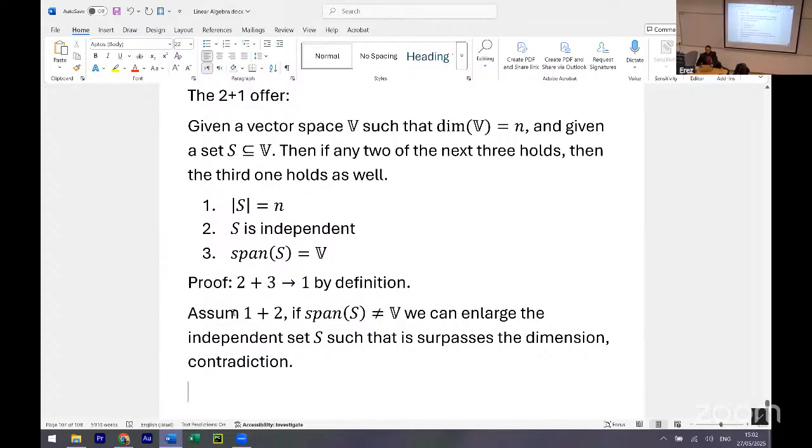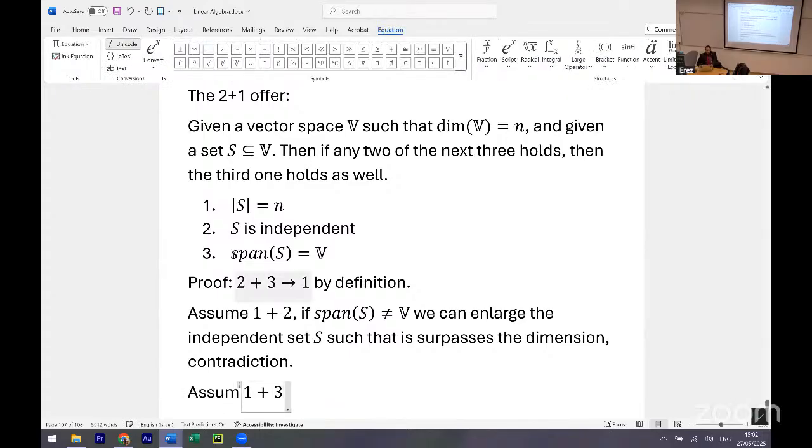And lastly, and it's very similar, assume 1 plus 3. We have n vectors that can create everything.